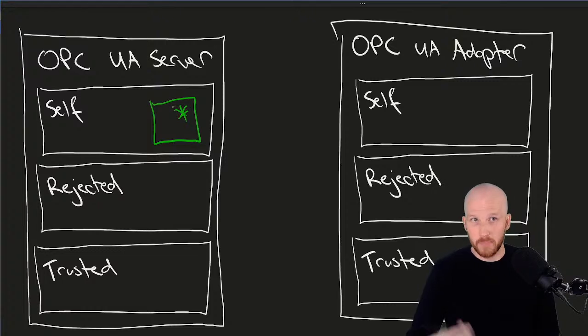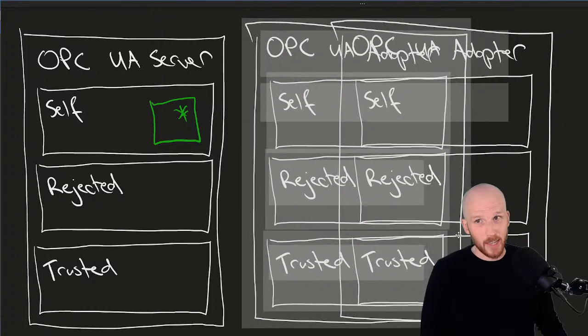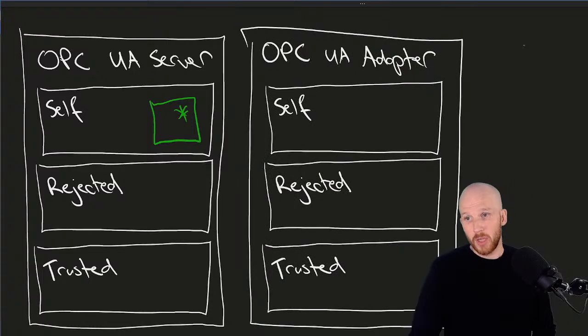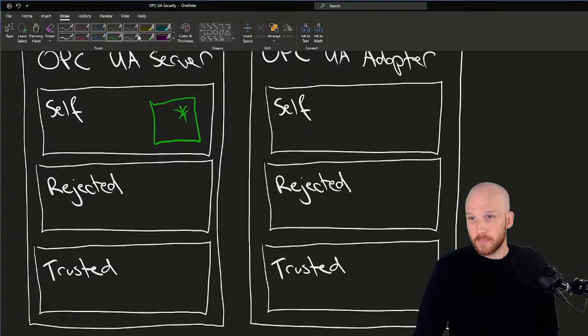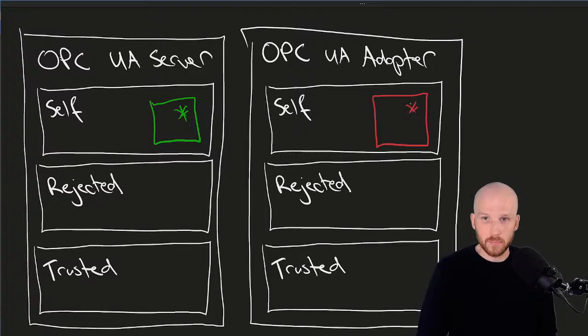By the way, I am simplifying this for our stream here. This is not exactly how it works, but effectively for what we're doing, it is how it works. So our OPC UA server has a certificate, and our OPC UA adapter has its own certificate.